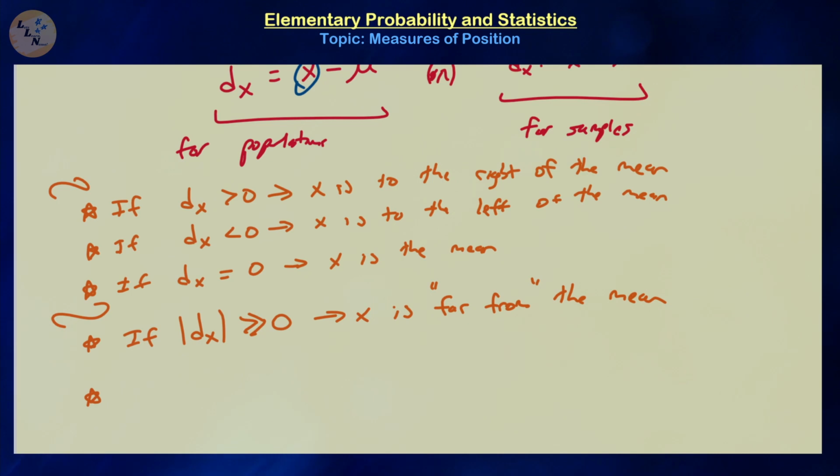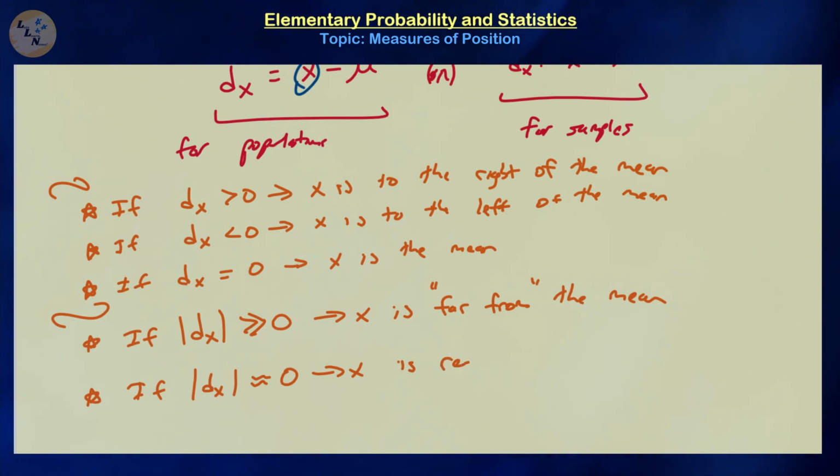And what is the opposite? The opposite of that statement is the absolute value is approximately equal to 0. That means x is really close, again a subjective description, to the mean.